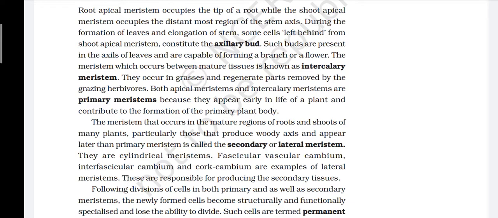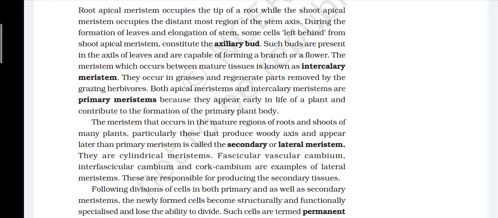They are cylindrical meristems. Fascicular vascular cambium, interfascicular cambium and cork cambium are examples of lateral meristems. These are responsible for producing the secondary tissues.